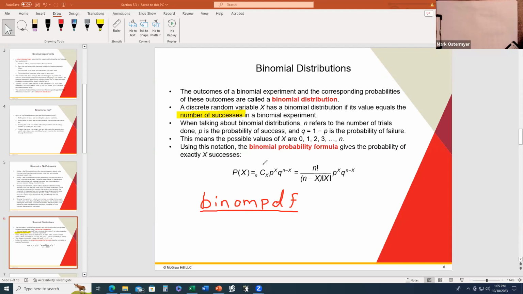Okay. Notice your combination function. This is how you compute combinations if you want to involve yourselves in the factorial function. We've seen this a long time ago. But ladies and gentlemen, we don't need to use this because we have the NCR function at our disposal. It hangs out in our probability menu. All right. So any questions about this function here? This is called the binomial probability distribution function. We are going to use this to compute probabilities for binomial experiments.